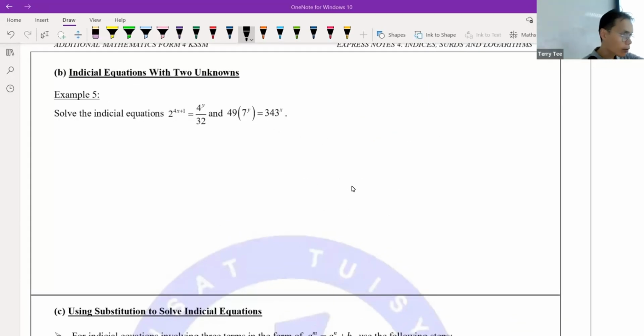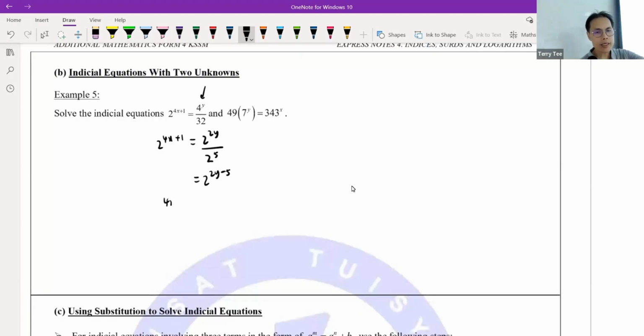So in this case, you have to form two linear equations and solve them simultaneously. Okay, run with me. The first one. Change everything to what base, everyone? If you see 2, 4, 32, change to base 2. So this is 2 power 4x plus 1. 4 itself is 2 power 2. And 32 is 2 power 5. Now next, when you divide the number, we minus the power: 2y minus 5.